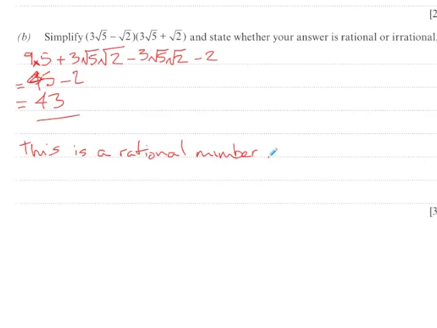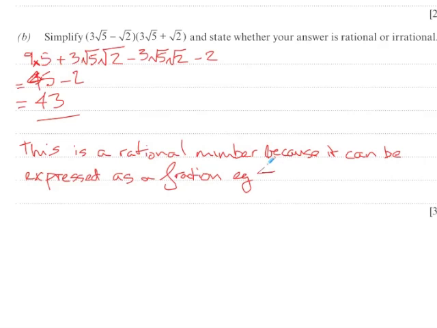Basically because it can be expressed as a fraction, e.g. 43 over 1, as stupid as that may seem.